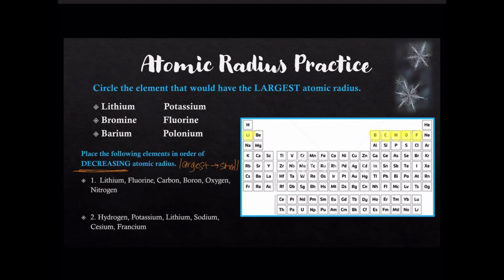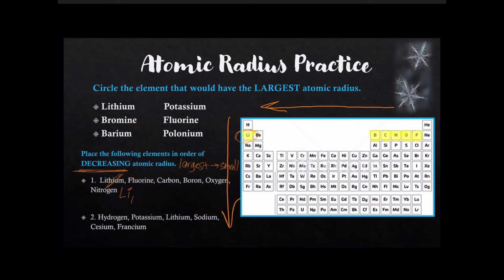Remember, atomic radius increases when you go to the left in a period and when you go down in a group. So because each of these elements is in the same period, we're going to focus on the trend in a period. So lithium is going to be the element with the largest atomic radius.